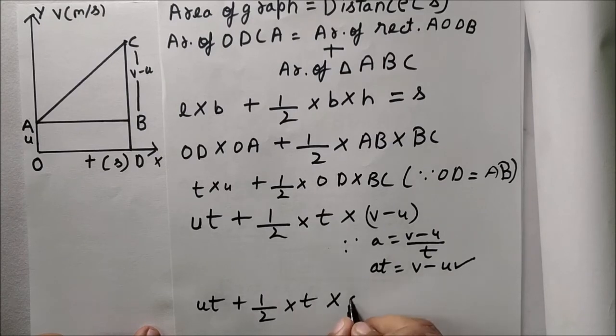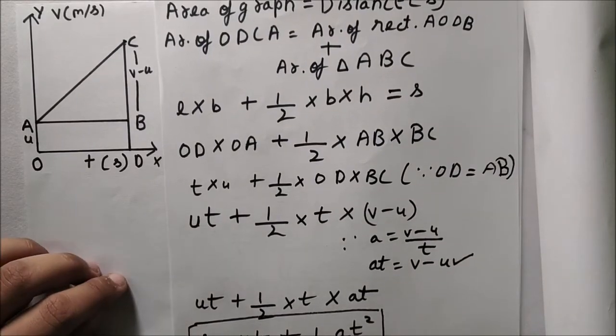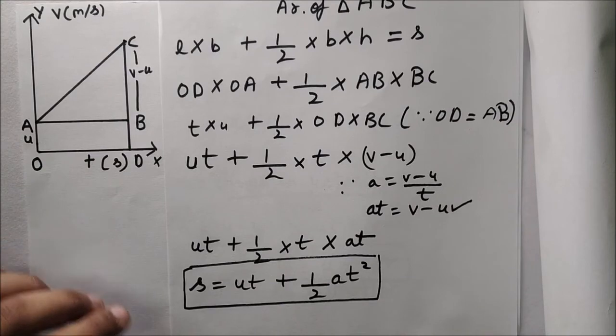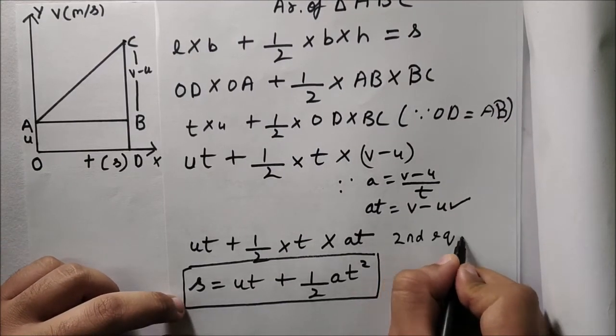So here is our second equation of motion, that is S equals UT plus half AT square. So the second equation of motion has been derived.